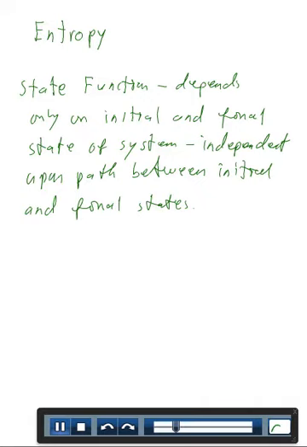Now when we look at a particular thermodynamic process, we find that a state function exists if we look at the heat flow divided by the temperature for the total process. And that is given the definition of entropy, where S is the symbol for entropy.